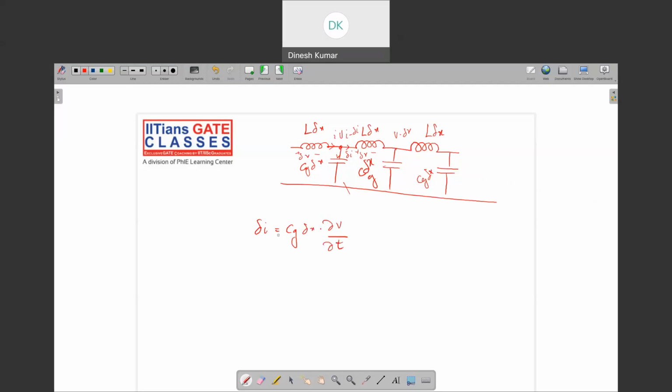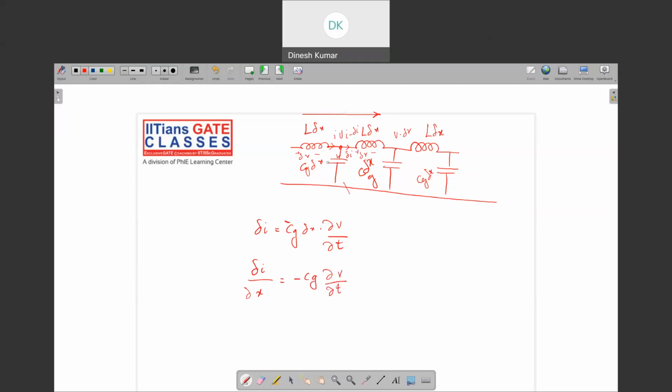That means you can take minus, because current is actually flowing from this direction to this direction, so there will be a loss in current. That means dou I by dou x equal to minus Cg into dou V by dou t.